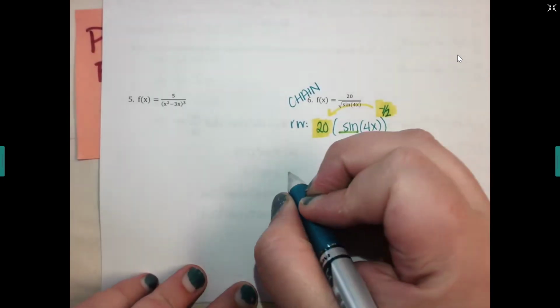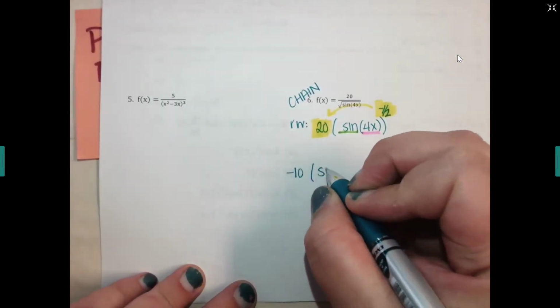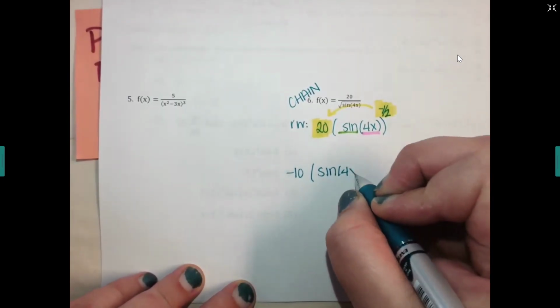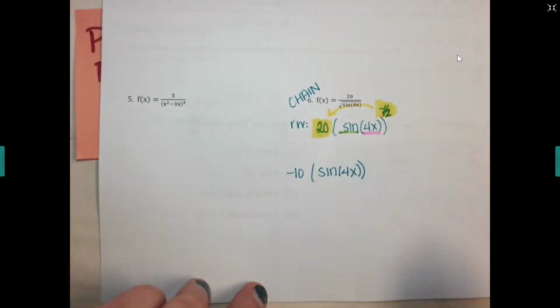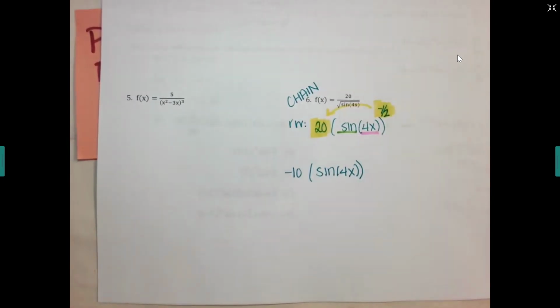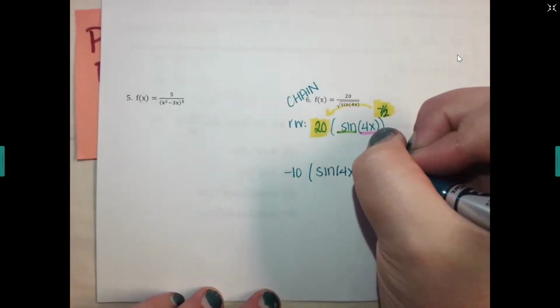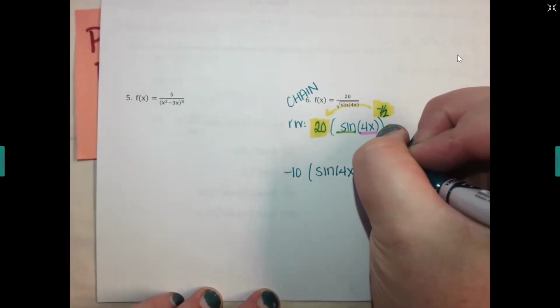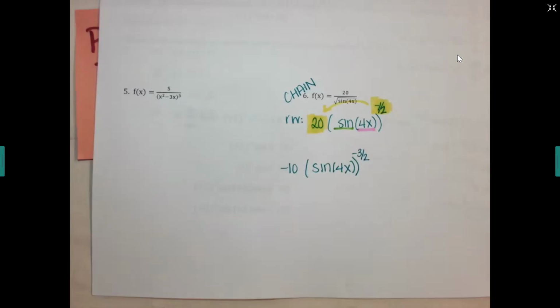Negative 10. Okay, then remember that my sine 4x has to stay identical because that's not the layer that I'm on yet. Then my negative 1/2, I need to take away 1. So what's negative 1/2 take away 1 more? Very good, negative 3/2.